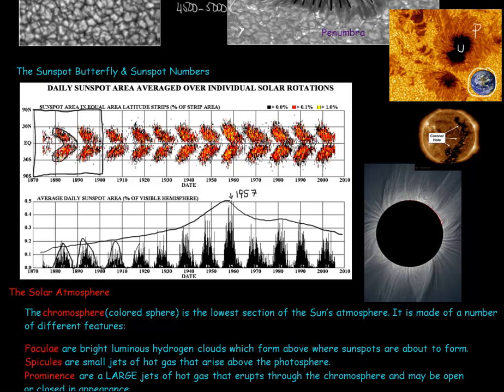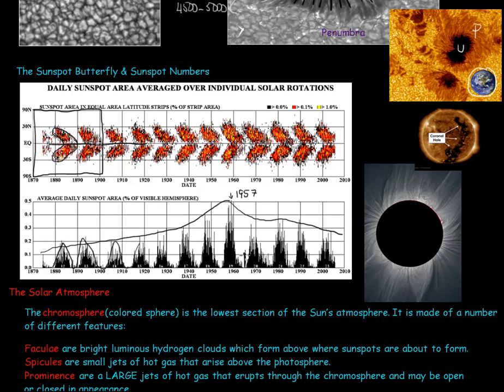I also showed them that right along the equator, we don't get very many sunspots. We also don't get very many by the poles, but you can see some of these get fairly close. Most of them happen between about 35 north and 35 or 40 south, but they start appearing here, and then as time goes, they get closer and closer to the equator, and then they just kind of disappear.